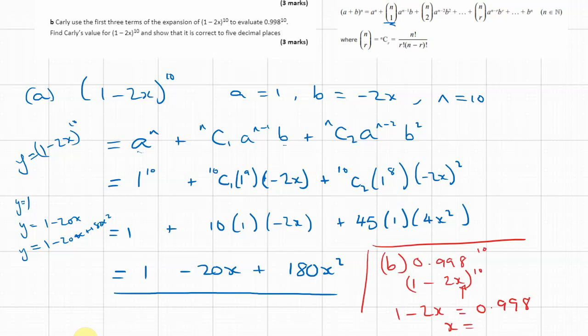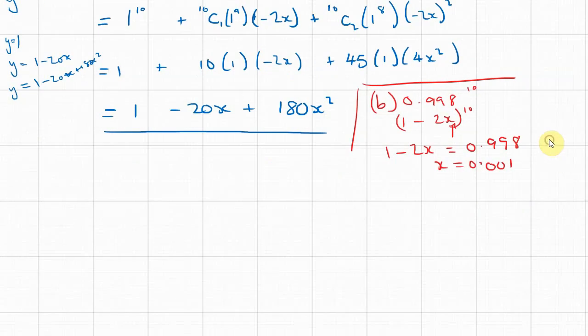Well, the value of x would be 0.001. So we want to sub in x equals 0.001 into the thing we just found here.